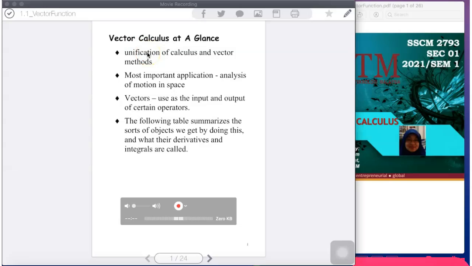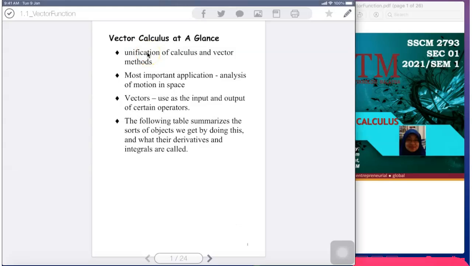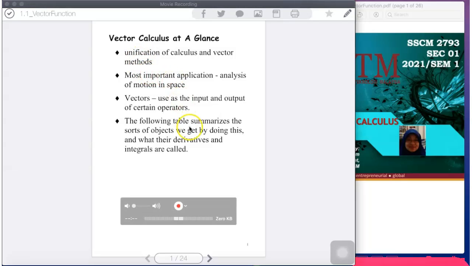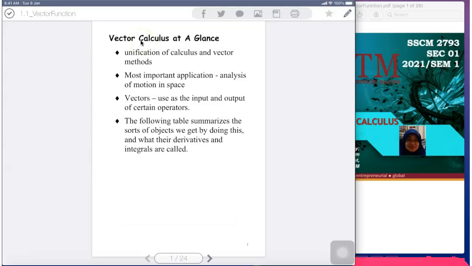What is the special property of a vector? A vector has not only magnitude, but also direction. So now we want to combine the idea of the vector, where we have a function, but it is described in vector form.